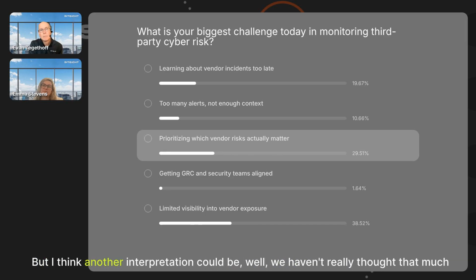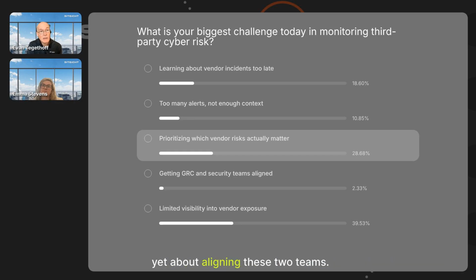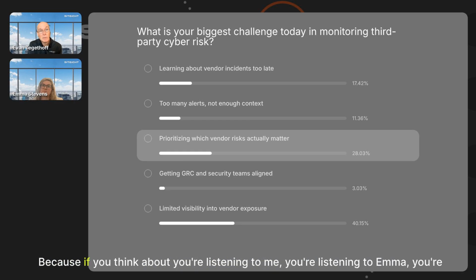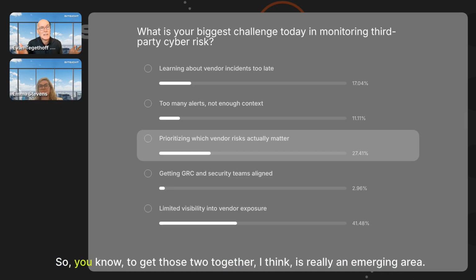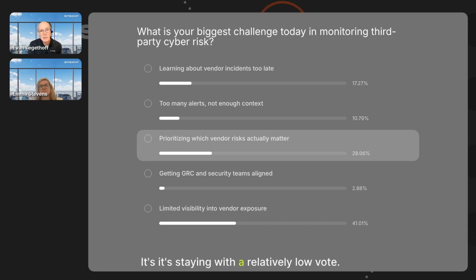That would be great. But I think another interpretation could be, well, we haven't really thought that much yet about aligning these two teams. Because if you think about it, you're listening to me, you're listening to Emma, you're probably hearing two different things, that we have different perspectives, right? So, to get those two together, I think is really an emerging area, and you can see it's staying with a relatively low vote. So very interesting.